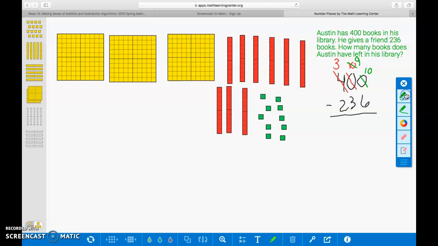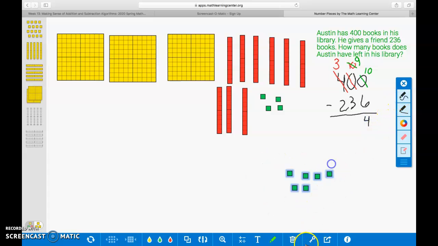So now I can start my subtracting. 10 minus 6. So I'm going to take away 1, 2, 3, 4, 5, 6. So 10 minus 6 leaves 4.